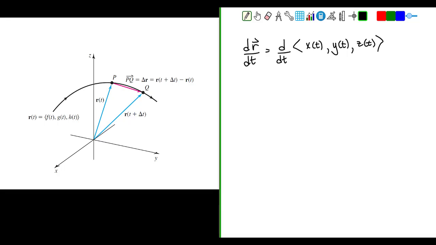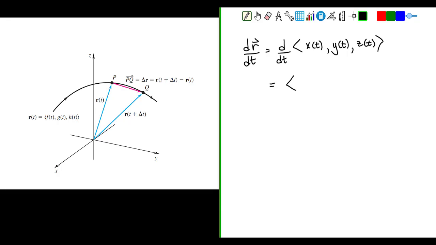In the rectangular coordinate system, that would be an x component, a y component, and a z component. Or more generally, if we don't want to restrict ourselves to the rectangular coordinate system, we could just say some function f that's a function of t, g that's a function of t, and h as a function of t.